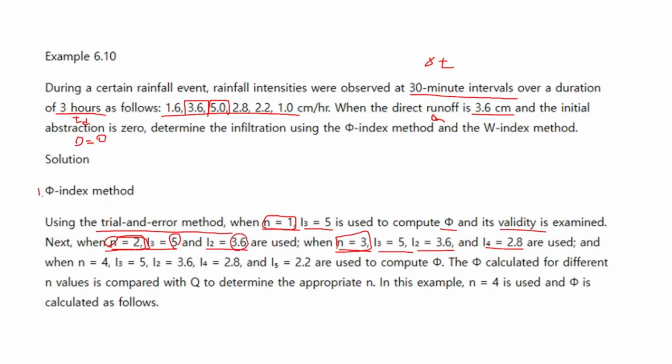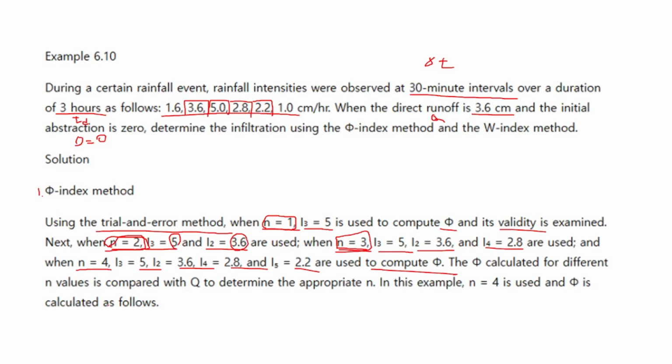And when n equals 3, it used 5, 3.6, and then 2.8. And finally, when n equals 4, it used 5, 3.6, 2.8, 2.2. So from the highest to lowest, and they were used to compute phi.